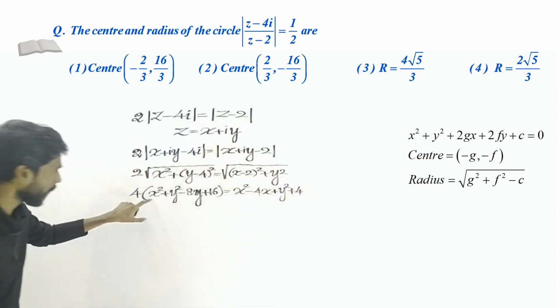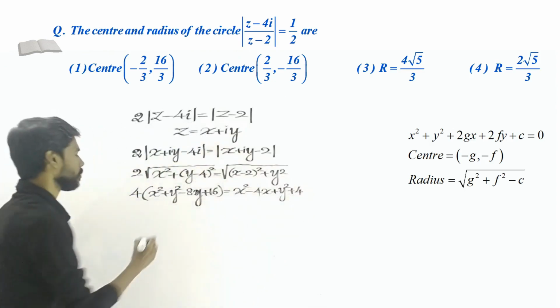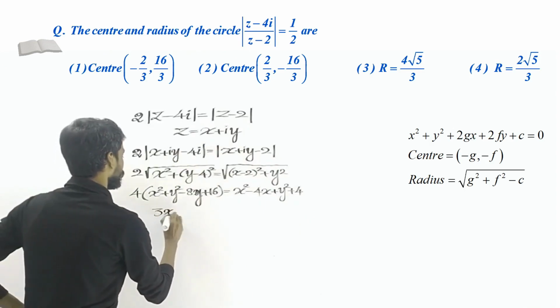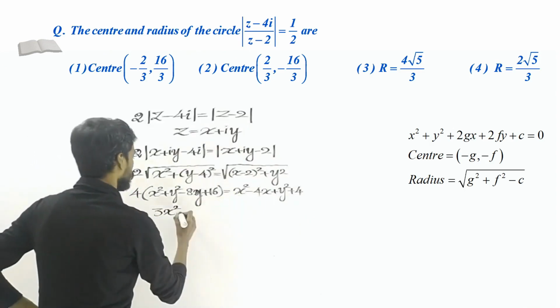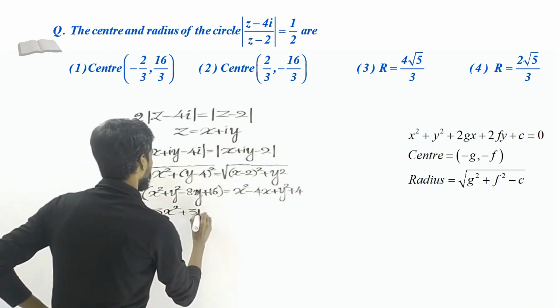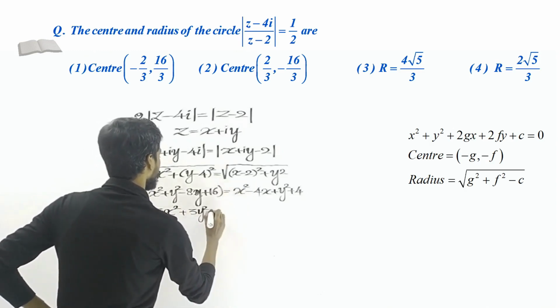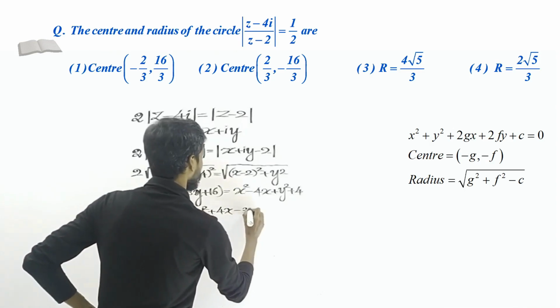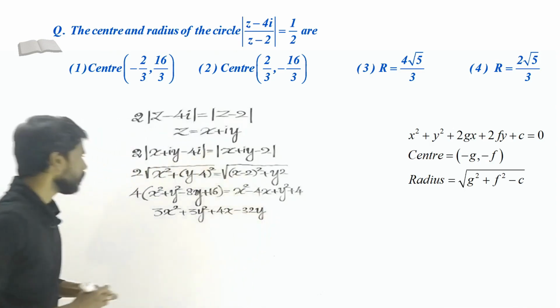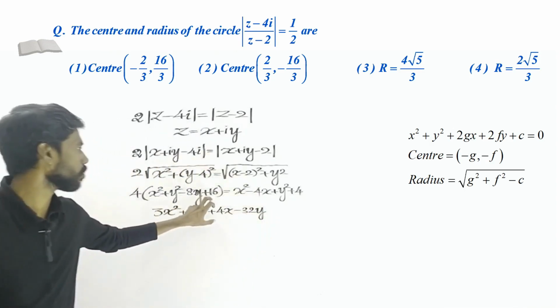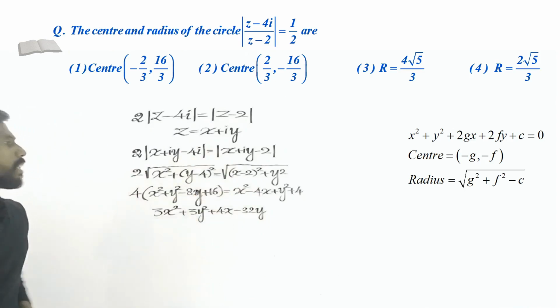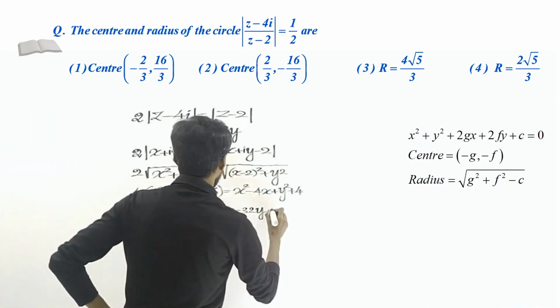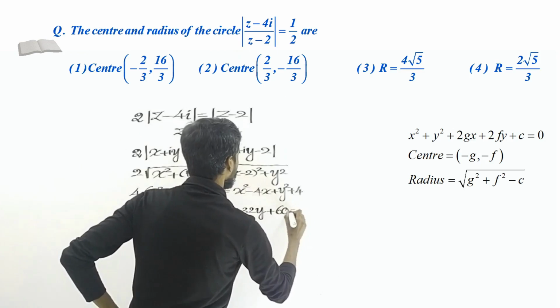Okay, yes, 4x square minus x square, so that is 3x square, and 4y square minus y square, so plus 3y square, plus 4x minus 32y, and then we have 4 multiplied by 16, so that is 64, minus 4, so that is 60. Okay, so this is the equation of the circle.